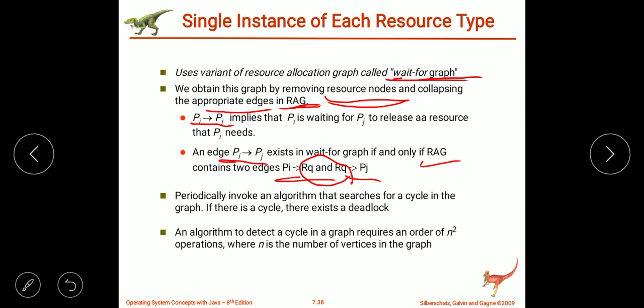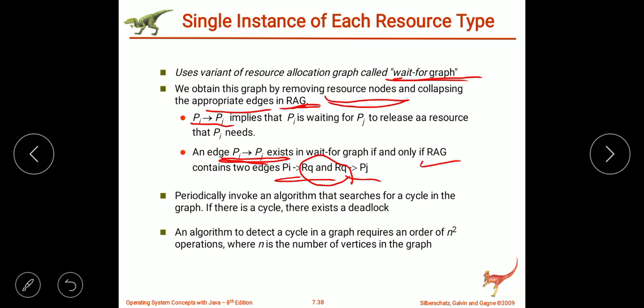Therefore, if we want an edge from Pi to Pj in the wait for graph, then we should have two edges, Pi to Rq and Rq to Pj, in the resource allocation graph. Okay. If we are provided with a resource allocation graph, we can draw the wait for graph.